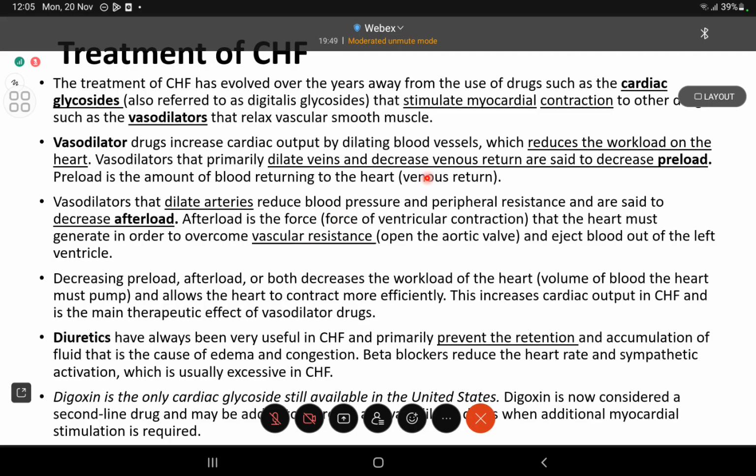You may ask me why. Since in heart failure the heart might not be able to pump effectively, why do you want to dilate the vein? We dilate the vein in order to decrease the venous return to reduce the load to the heart, meaning that you try to reduce the burden to the heart.